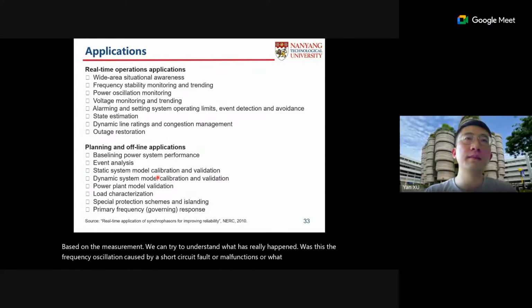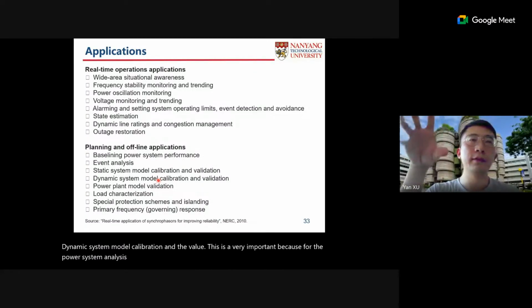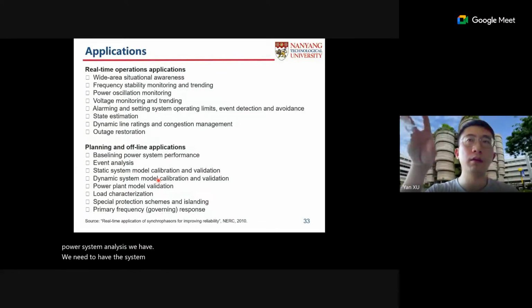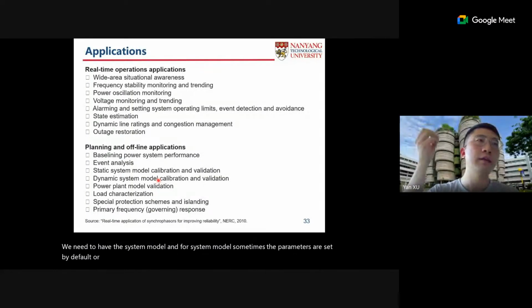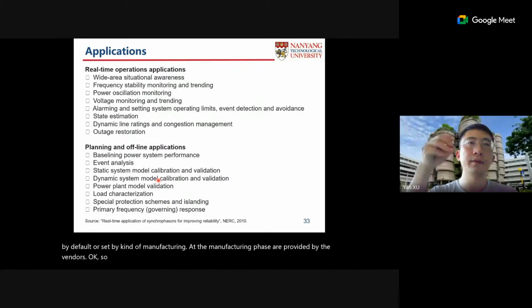Right, steady state model calibration and validation, and dynamic system model calibration and validation. This is very important because for power system analysis, we need to have the system model, and for the system model, sometimes the parameters are set by default or set at the manufacturing phase or provided by the vendors. Okay, so these model parameters sometimes are not accurate.